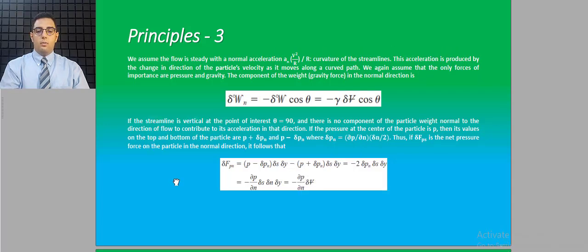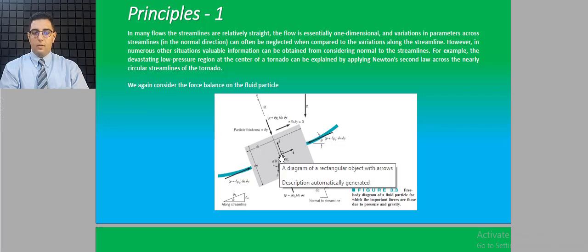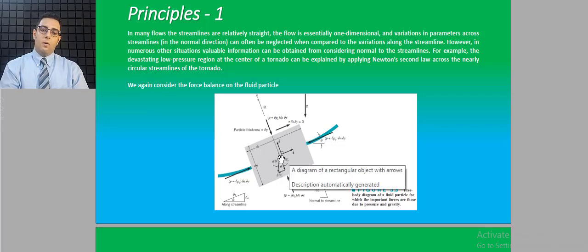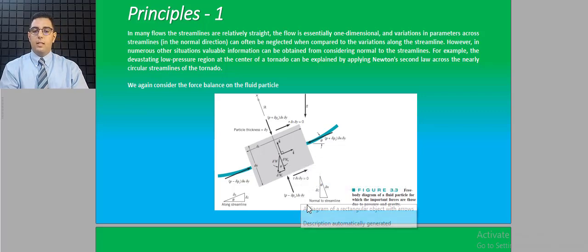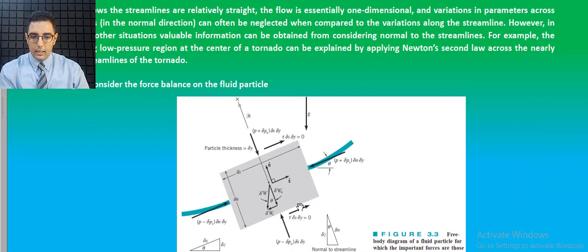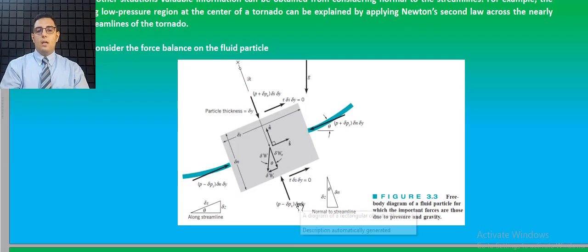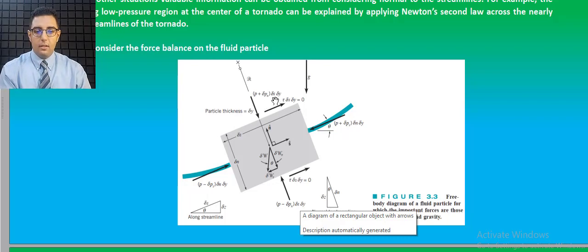Similar to the previous session, when we consider the center location of the particle as P, the pressure at that location, as we go down, is P minus delta Pn multiplied by delta S delta N, excuse me, delta s delta n. And when we go over, we have P plus delta Pn multiplied by delta s delta n.